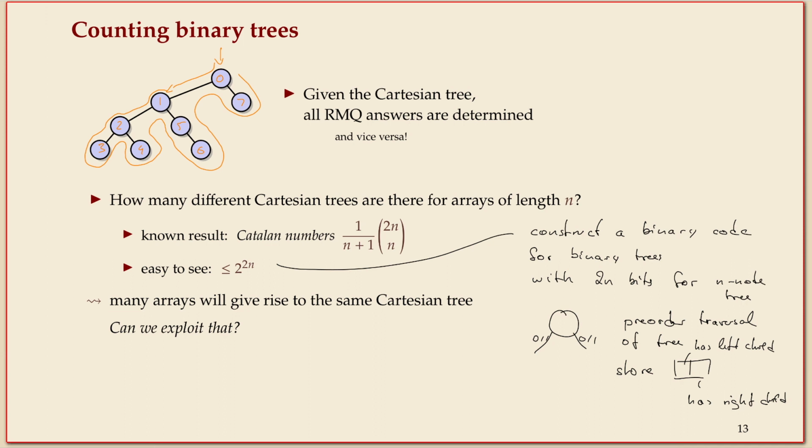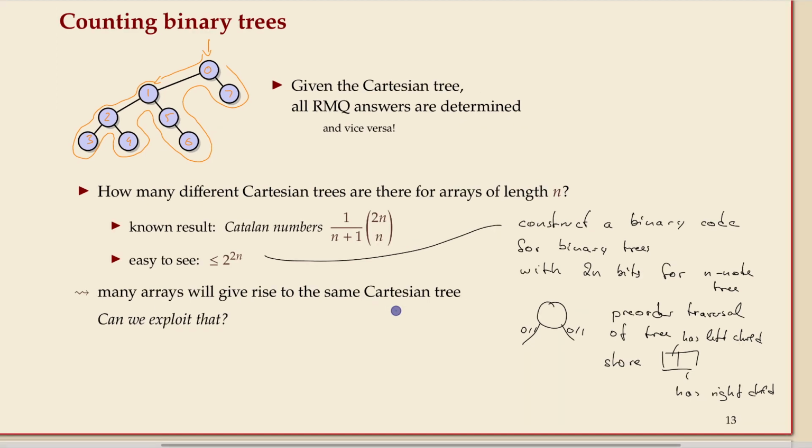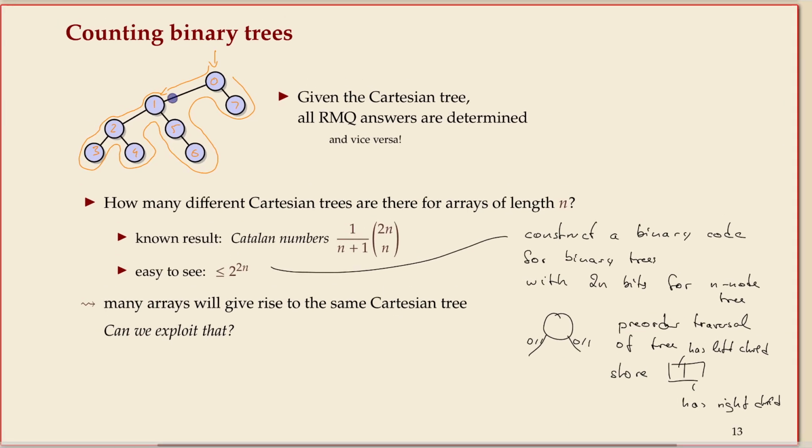And if we output the bits for these nodes in that order, the first one has both children, so it gets a 1, 1. The second has both children, so it gets 1, 1. This one has both children, 1, 1. 3 is a leaf, so it doesn't have any children. That's a 0, 0.